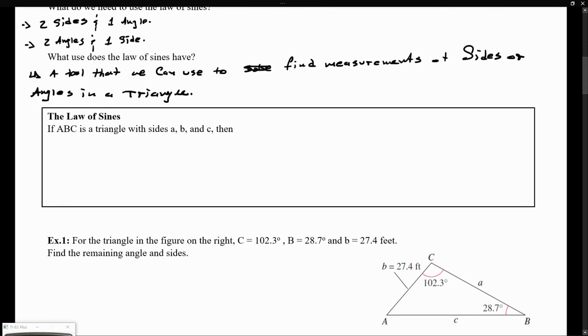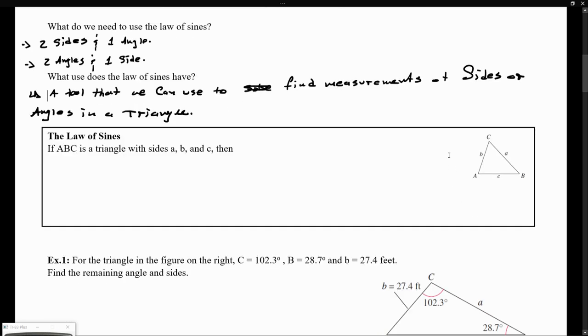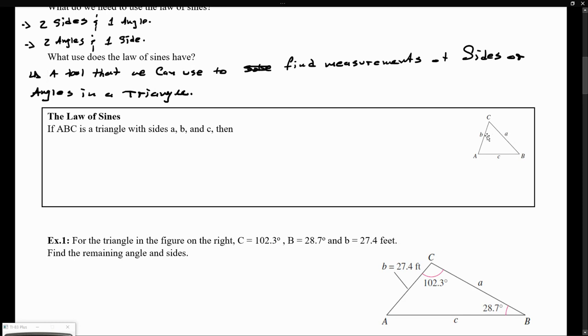In any triangle ABC, with angles A, B, C and sides a, b, c, which is the triangle right here, the law of sines states that if I take side a and divide it by the sine of angle A, which is the sine of the angle that is opposite of little a, that's going to be equivalent to side b over the sine of angle B.